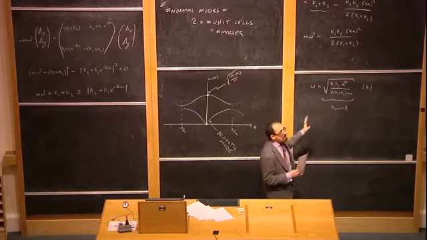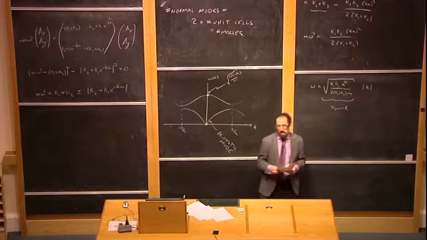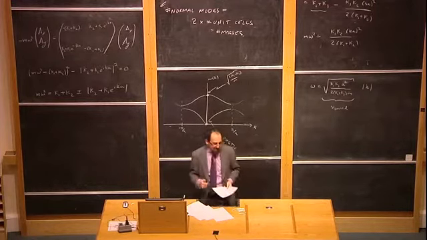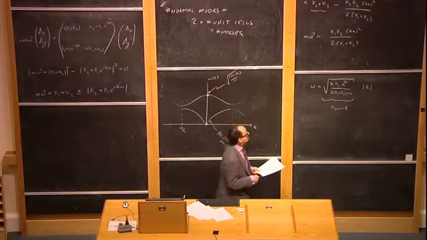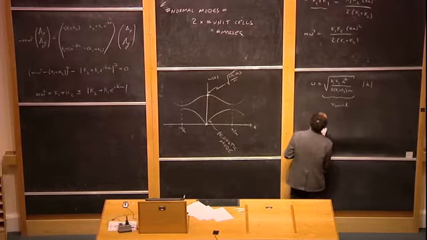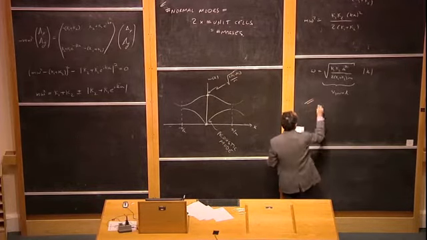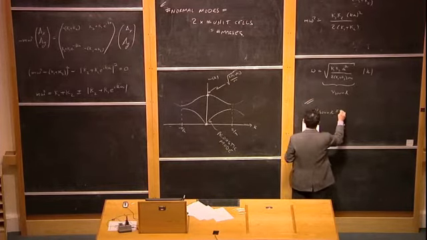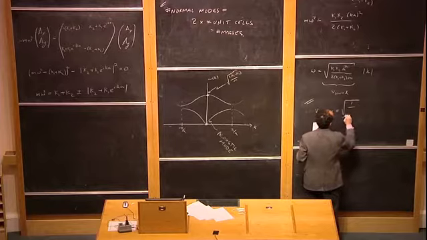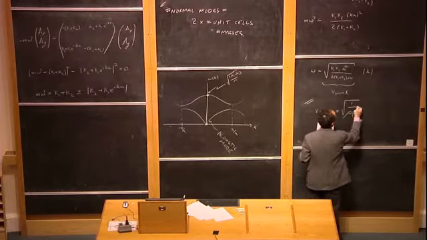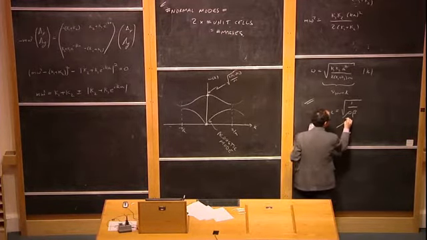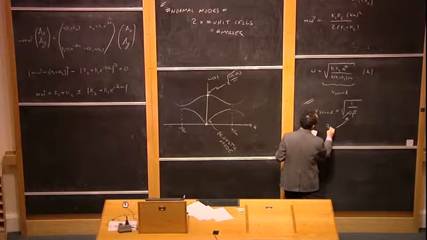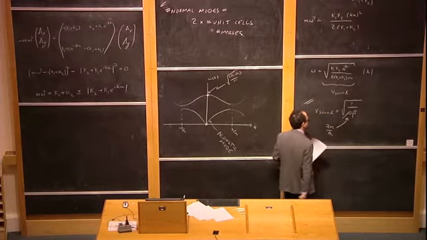Now, you remember last time when we derived the sound velocity, we also were able to derive the same sound velocity by using a hydrodynamic argument. So let's see if we can do that again this time. Remember, from hydrodynamics, we have that v sound should equal the square root of 1 over the mass density times the compressibility. The mass density is, well, there are two masses per lattice constant a.